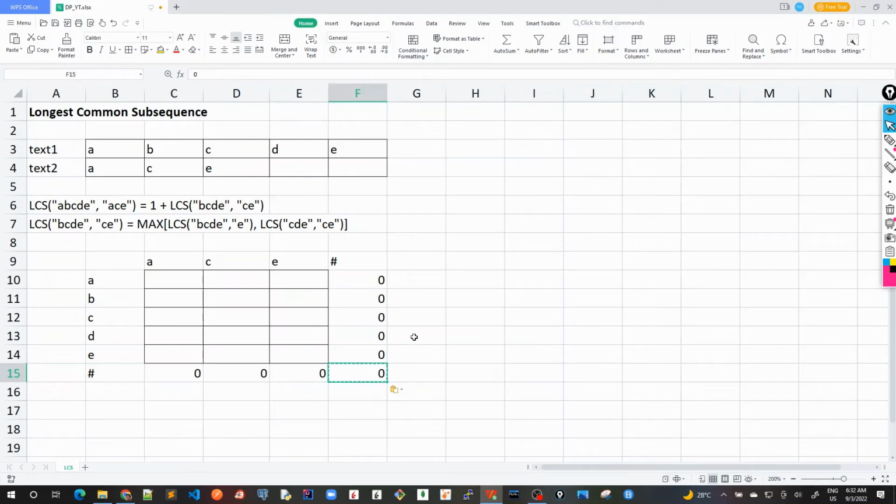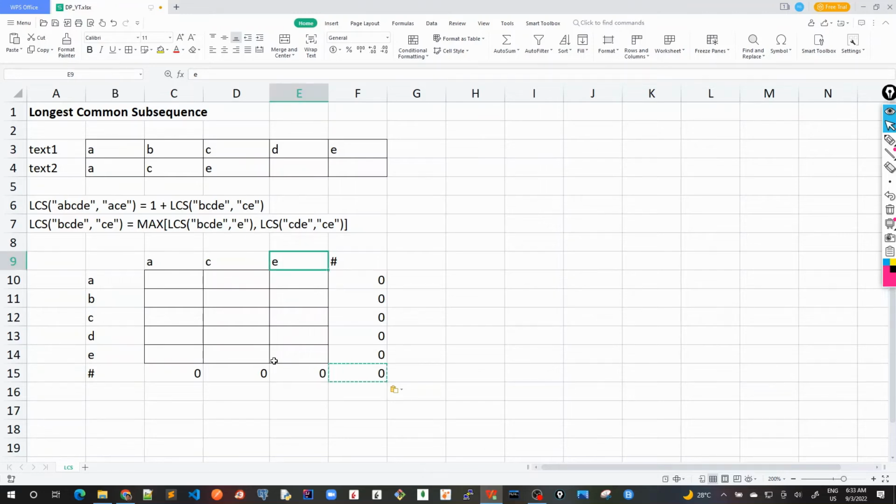And now let's start using the solution that we discussed: whenever the character matches, it would be 1 plus whatever is in the bottom diagonal, or if the character doesn't match, then it would be the max of the next horizontal one or the one below. So let's start filling this whole array like this.